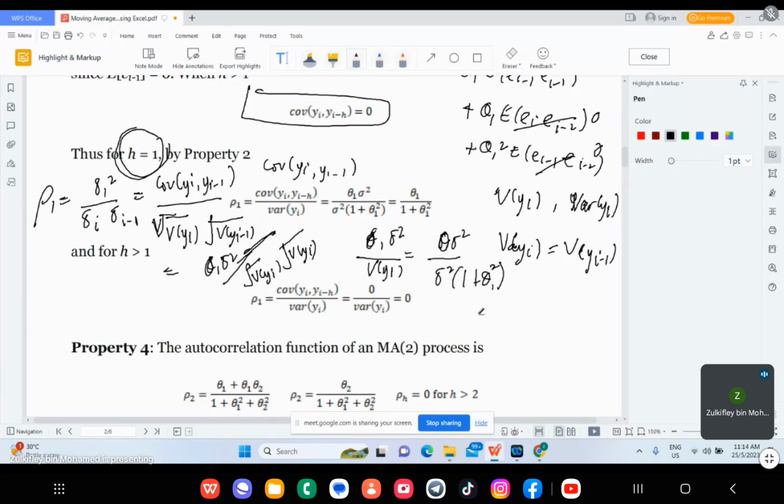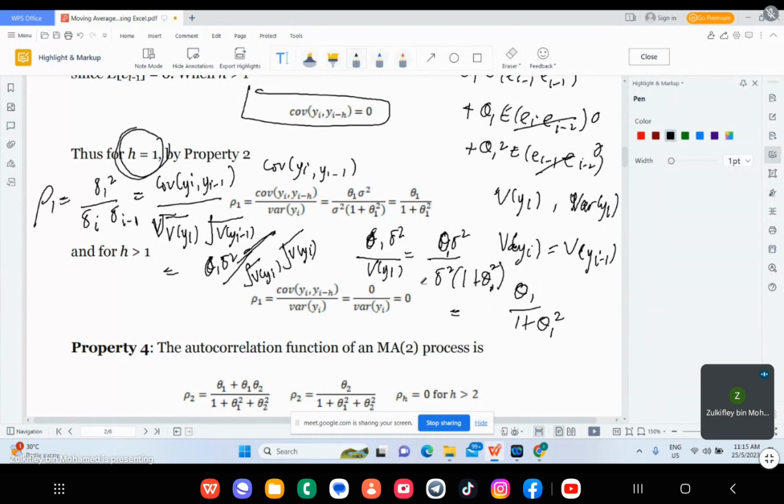This is the variance for yi for MA1. So in other words, you can cancel out this part. This is theta 1, okay? This punya theta 1, also theta 1. So you can cancel out this one, sigma square and sigma square you can cancel off. Then the final answer here is theta 1 over 1 plus theta 1 square.